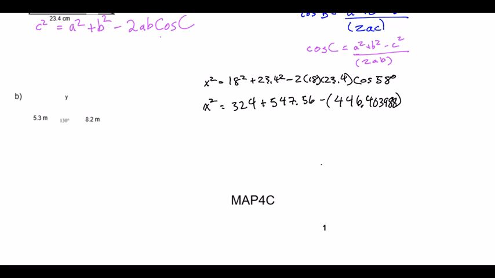Now, you'll notice that when I was doing the calculation for this part here, all I did was punch in 2 times 18 times 23.4 times whatever this is and put it in this bracket. The reason why I stopped at the 8,8 was that the next number after the 8,8 was a 1, a 2, or a 3.